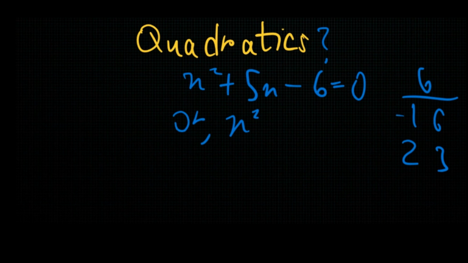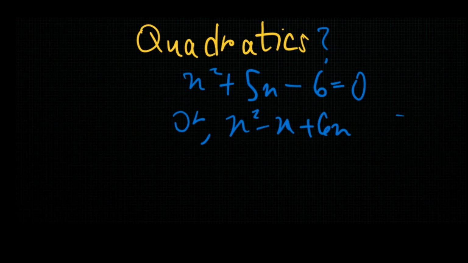By putting a negative 1. So x squared minus negative 1x, or just x, plus 6x minus 6 equals 0.